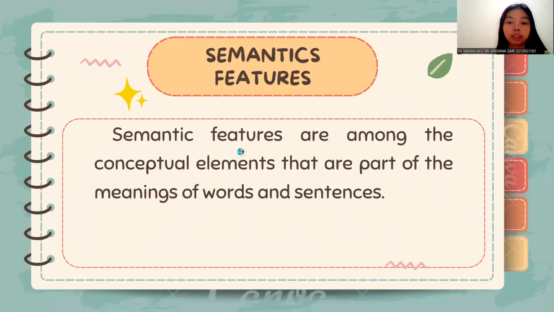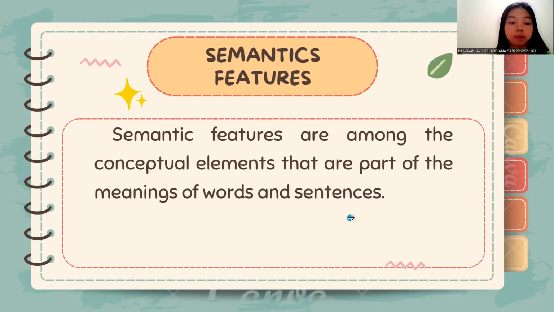Semantic features are among the conceptual elements that are a part of the meaning of words and sentences. These features help us understand and categorize words based on their distinct characteristics.